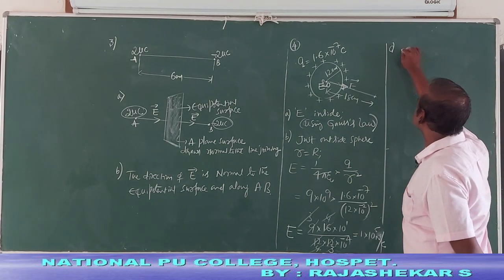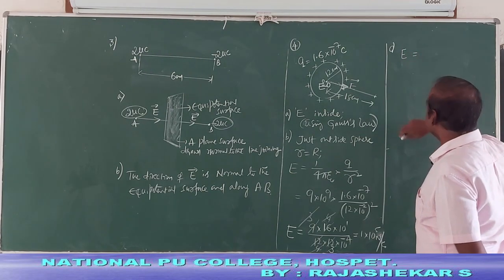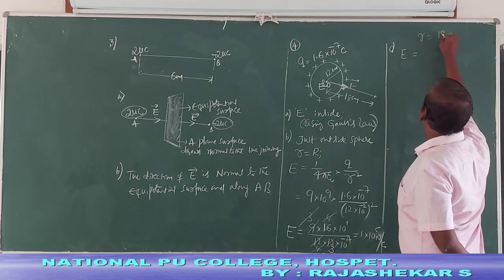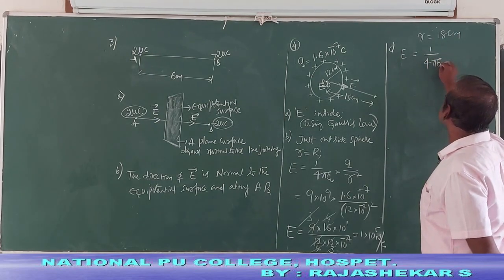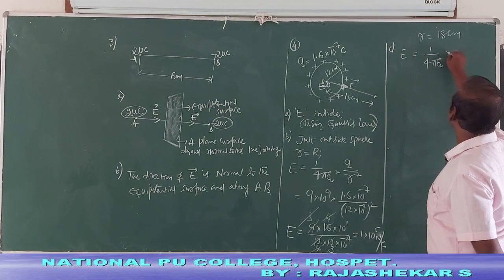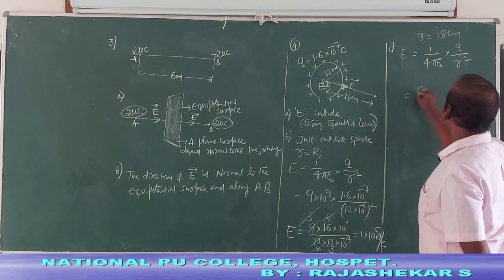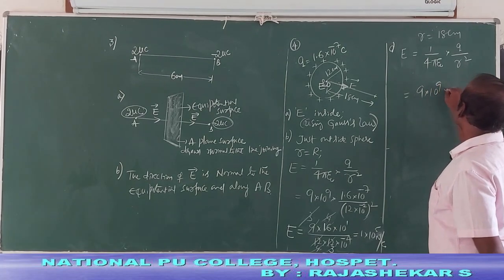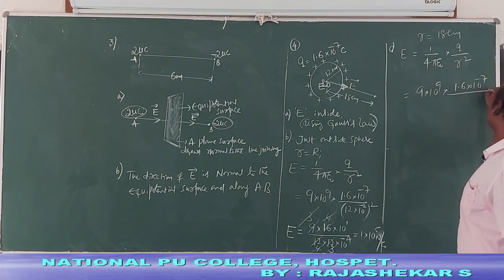The electric field outside, where R is now 18 centimeter. Therefore 1 by 4 pi epsilon naught into Q divided by R square. This is 9 into 10 power 9 into 1.6 into 10 power minus 7 divided by 18 into 10 to the power minus 2 whole square.